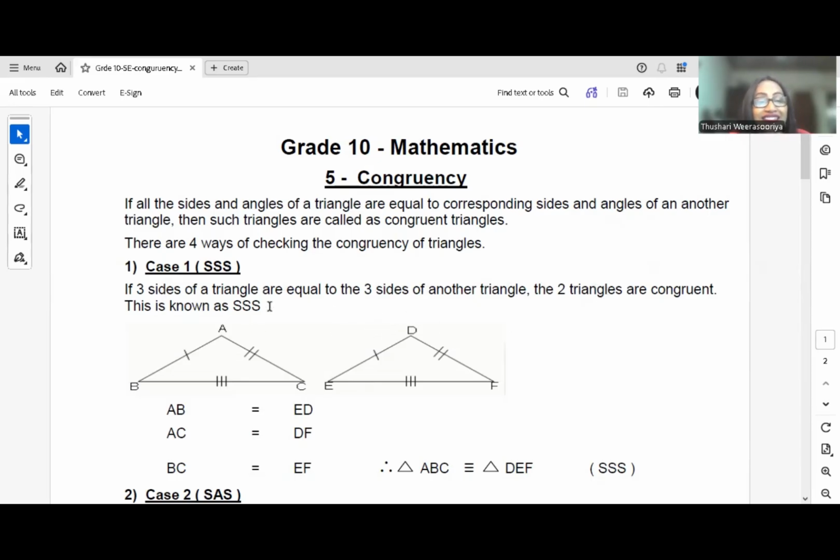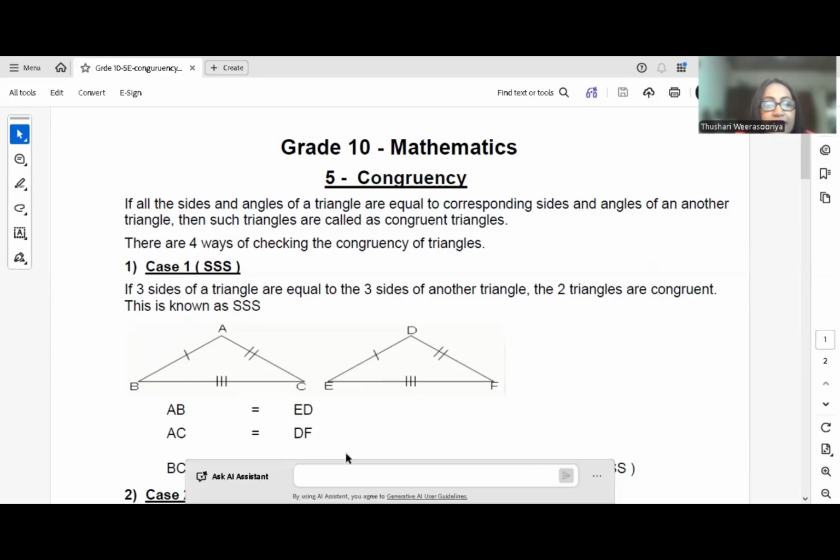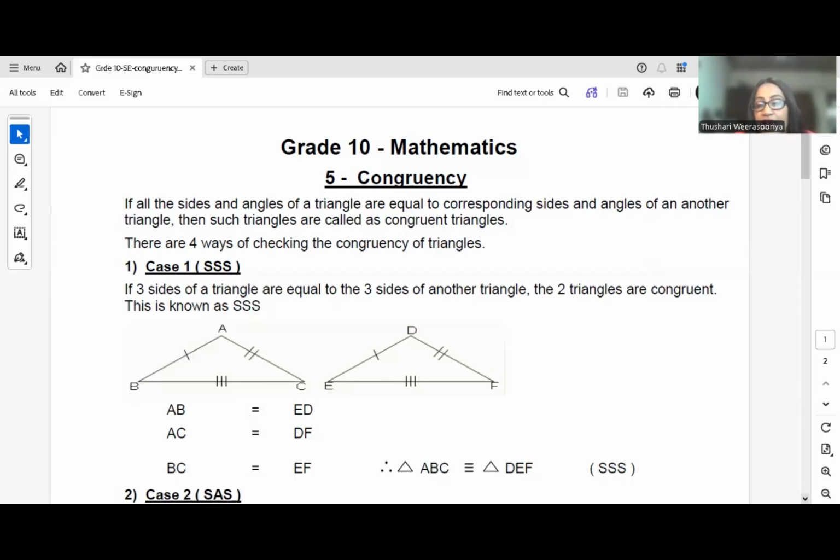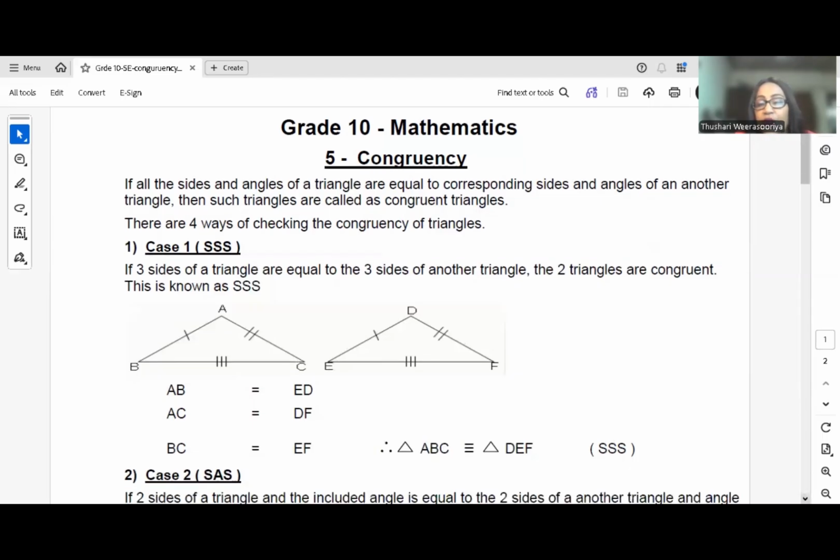This is known as SSS. SSS means side, side, side. Now look at this. BA equals DE, AC equals DF, BC equals EF. Therefore, we can say the two triangles are congruent.